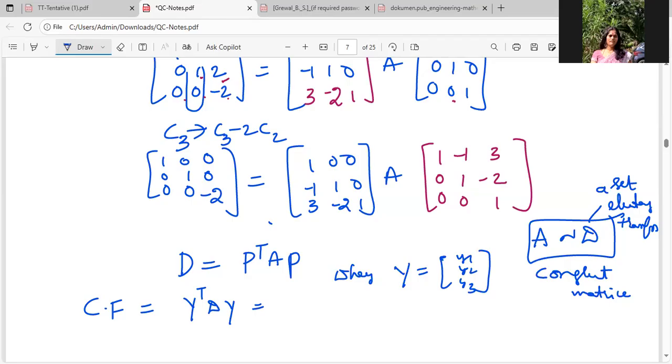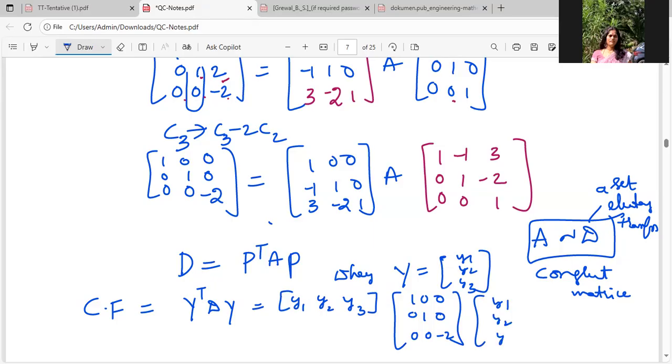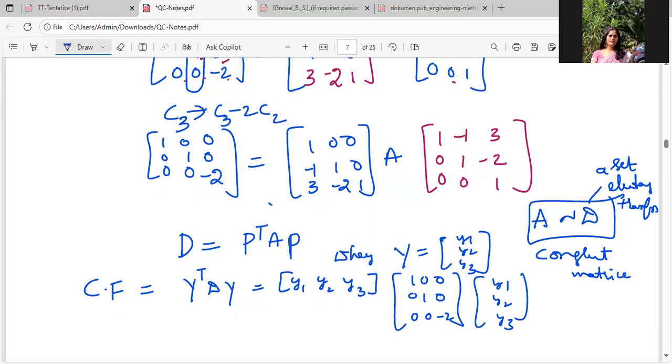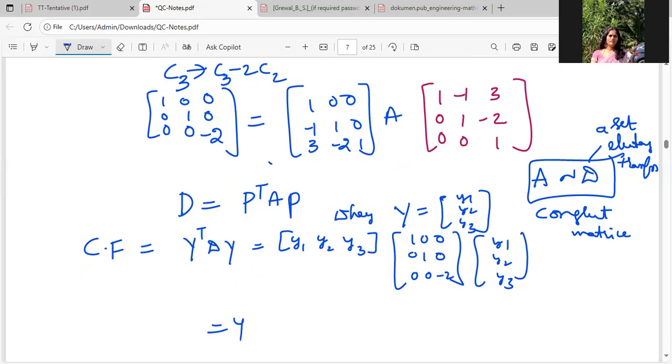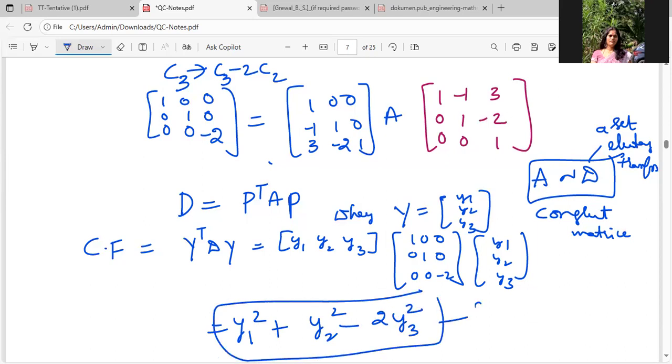So what will I get? Y1, Y2, Y3, transpose of capital Y, and then the diagonal matrix. Of course, I can just write the diagonal elements as well, guys. If you multiply, what I will be left with is Y1 squared plus Y2 squared minus 2Y3 squared. Hence, this is called sum of squares form.